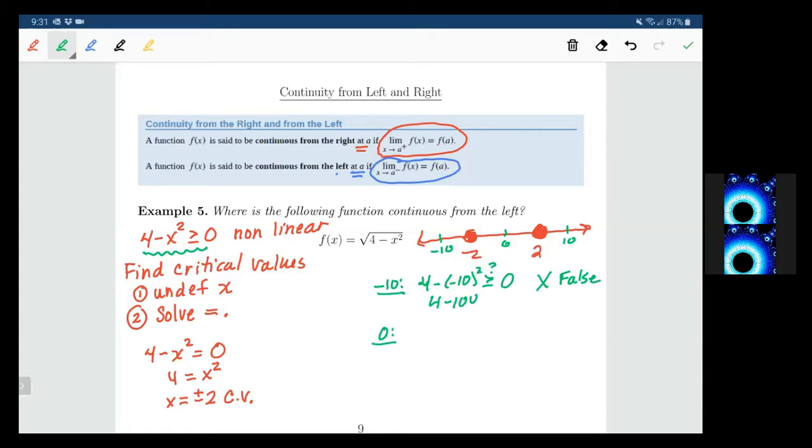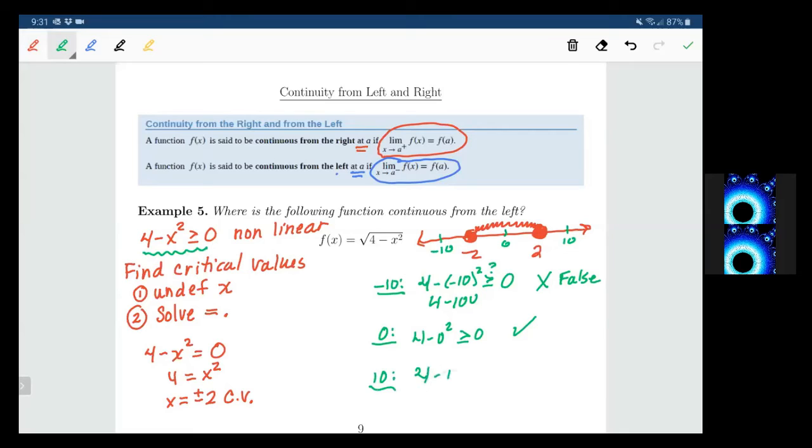We can plug in 0, our next test point. So is 4 minus 0 squared greater than or equal to 0? And sure, this is true. 4 is greater than or equal to 0. So that means our inequality is true on this interval. And let's pick our last interval, positive 10.